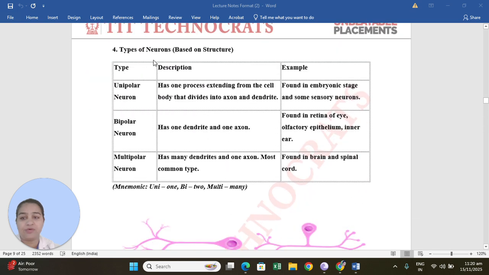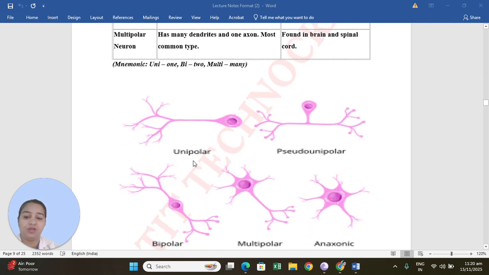Now, types of neurons based on structure. There are mainly three types: unipolar, bipolar, and multipolar. Here, unipolar has only one pole. This is the dendrite coming to the cell body. Pseudo-unipolar seems to have two poles. Actually, there is one pole, but the dendrite is on both sides. But what is a pole?